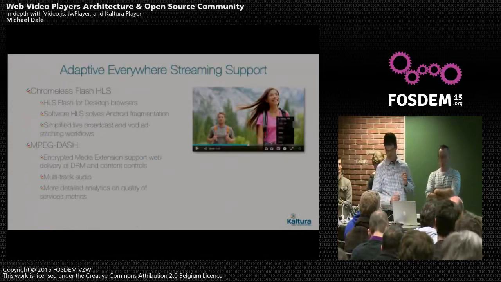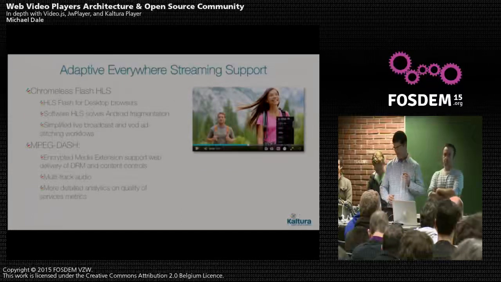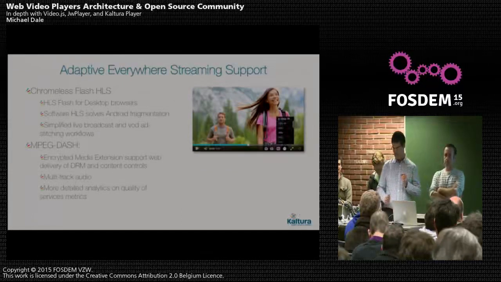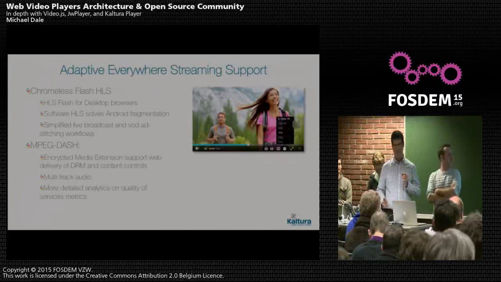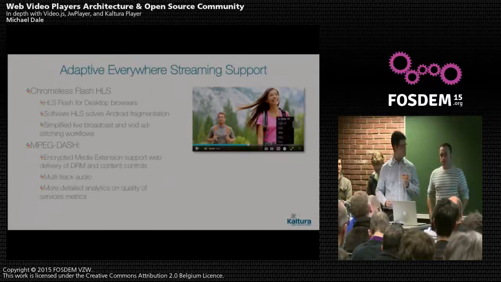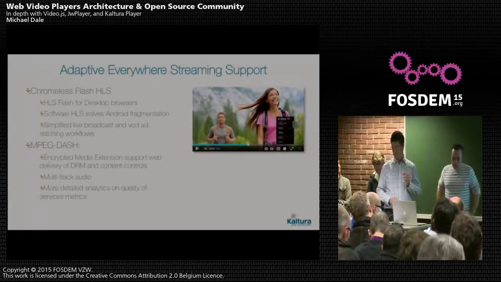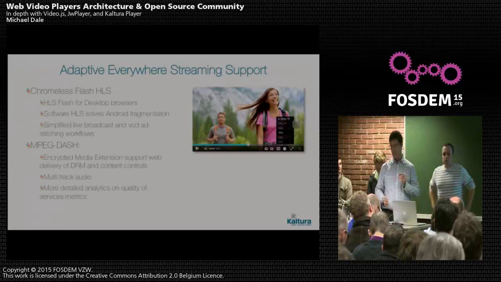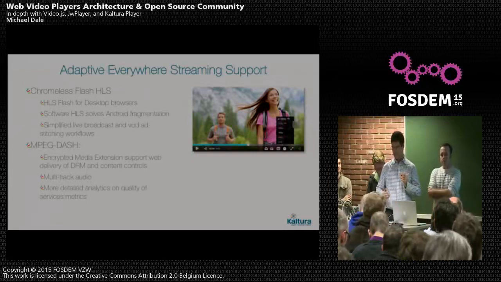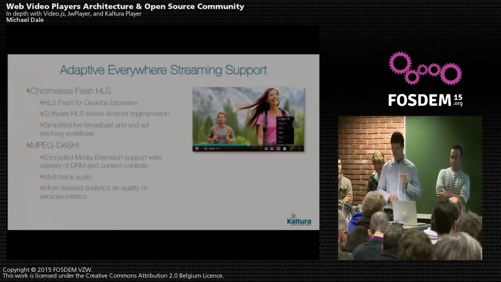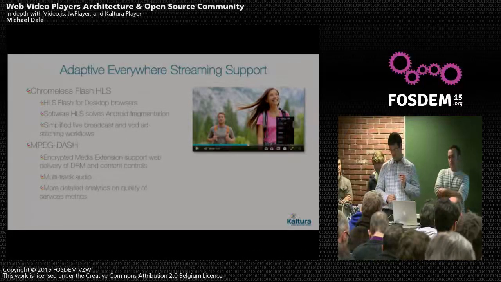Adaptive streaming. So as Michael mentioned, we must support adaptive streaming, HLS, of course, due to the iOS compliance. So we took the HLS and developed it also for Flash and for Android, so that we can serve all the devices better, and build some more features on top of the HLS. For example, ad stitching.